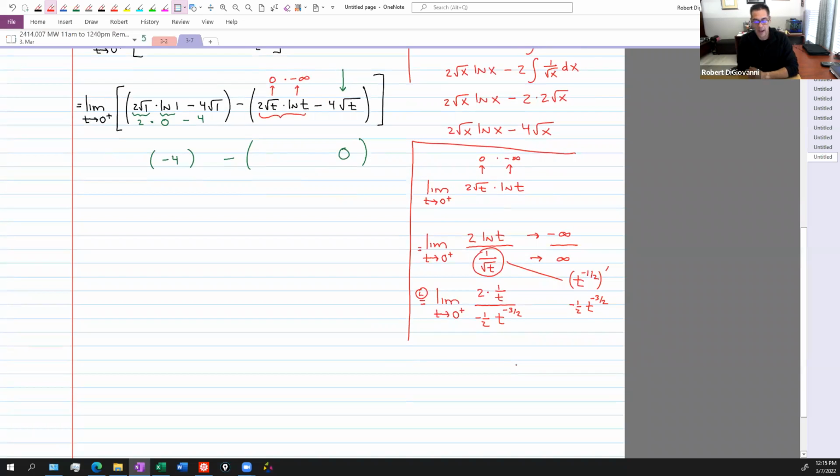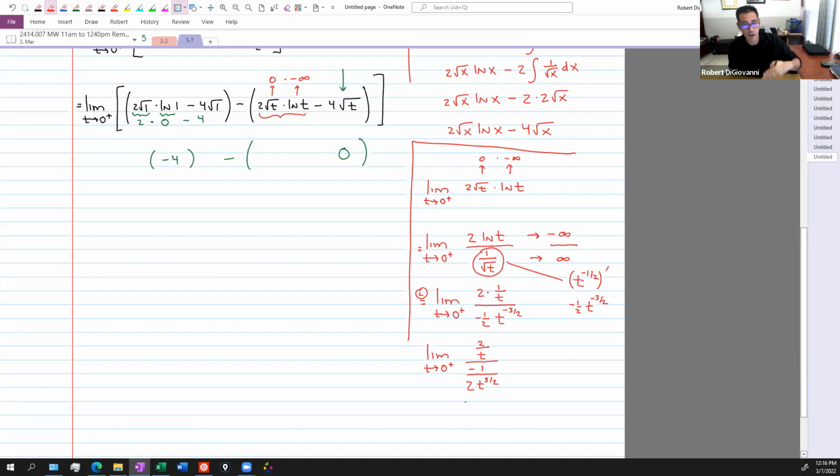And that may look bad, but it's actually not. Let's just keep cleaning this up algebraically. The top is 2 over t. That's one way I could write that. And then the bottom, watch the way I write this. Negative 1 over 2t to the 3/2. So I'm just taking that t to the negative 3/2 and dropping it down as a t to the positive 3/2. The reason I did this is because now I have a fraction over a fraction.